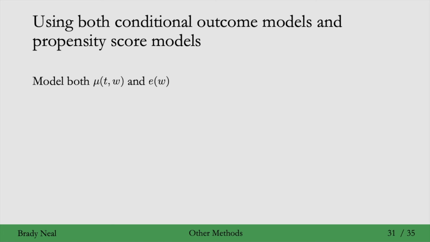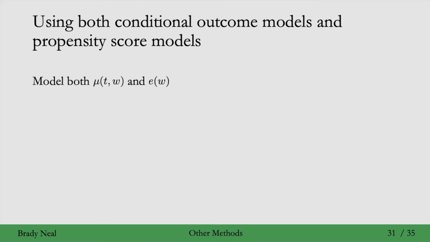The first is that we saw modeling of the outcome mu in COM estimation, and we saw modeling of the propensity score in IPW estimation, but neither COM estimation nor IPW estimation modeled both of these. But of course there are estimators that model both the conditional outcome model and the propensity score and then use that for estimation.